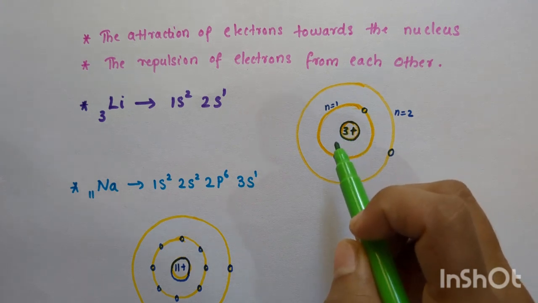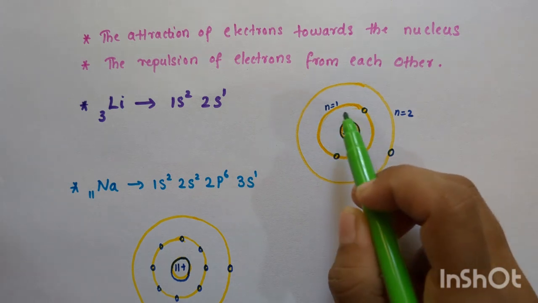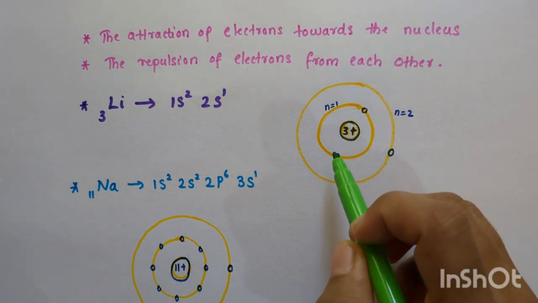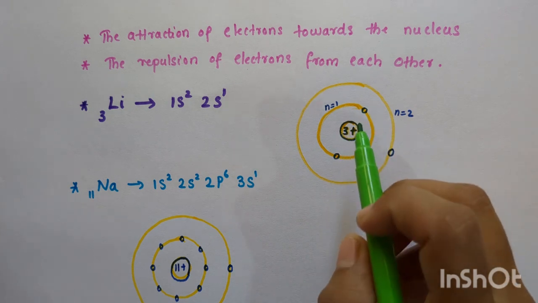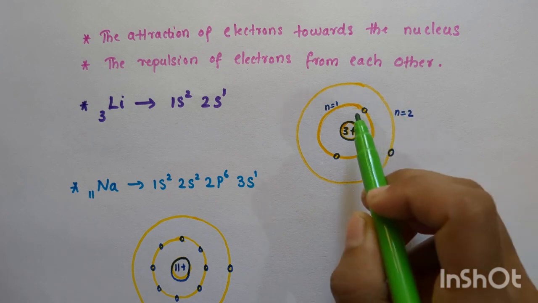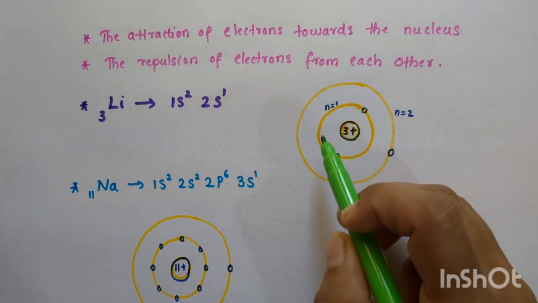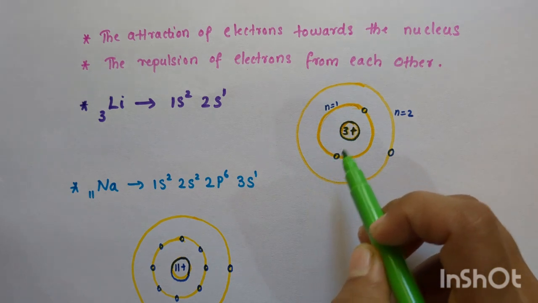In general, shielding is effective when the orbitals in the inner shells are completely filled. For example, alkali metals have only 1 electron in the outermost orbital, and all other inner orbitals are completely filled.